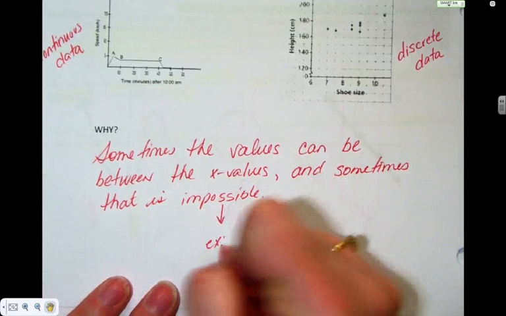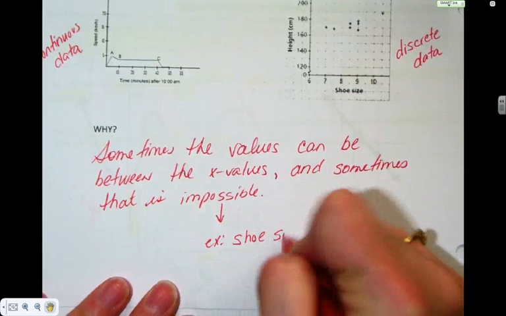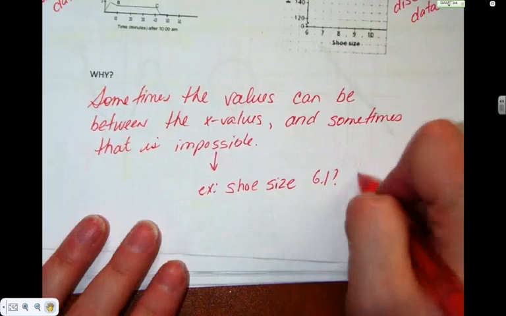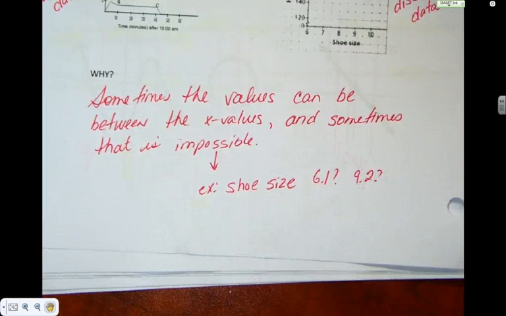So an example of impossible would be shoe size. Okay? We don't have a 6.1. We don't have a 9.2. Okay? We got full sizes and half sizes, that's it.